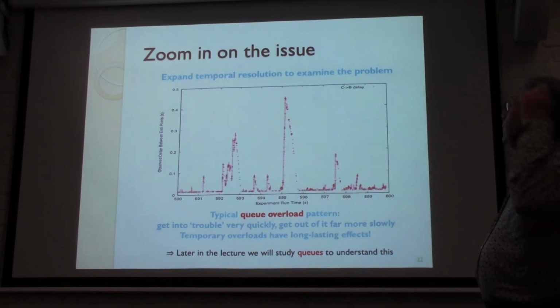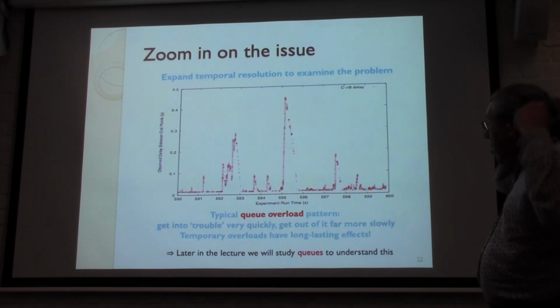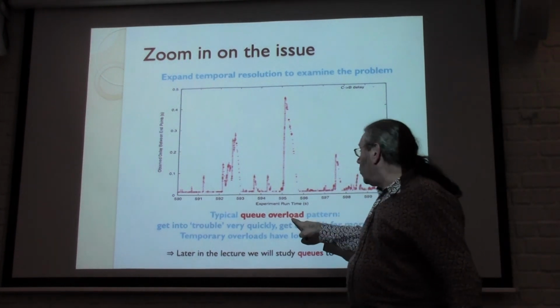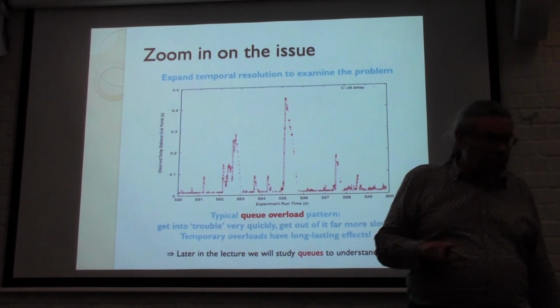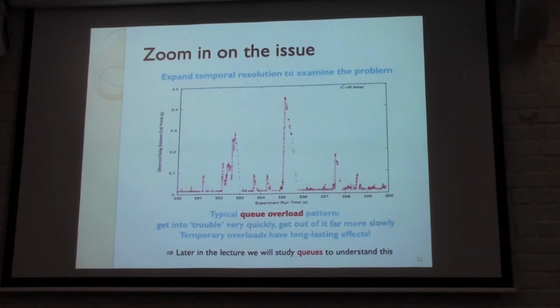As we will see later on in the lecture, this is a typical queue overload pattern. If you have a queue, so a component can actually be a queue, and messages are coming in, each of these messages has a delay. Now, if the queue is overloaded, the delay will increase by a lot.